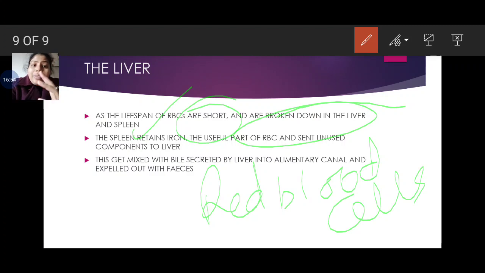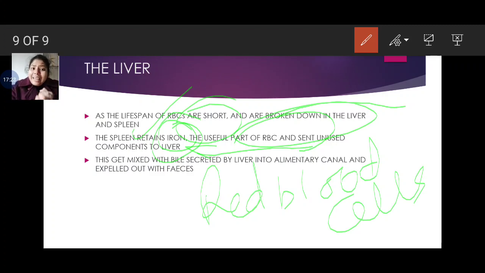When they are broken down, there are certain components which are useful for the further formation of new blood cells, one of them is the iron, and there are certain components which are not useful. The part which is not useful is sent where? To the liver. And the part which is useful, like iron, is retained by the spleen itself.